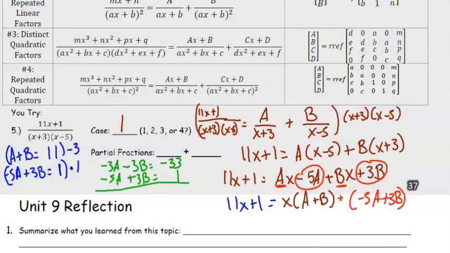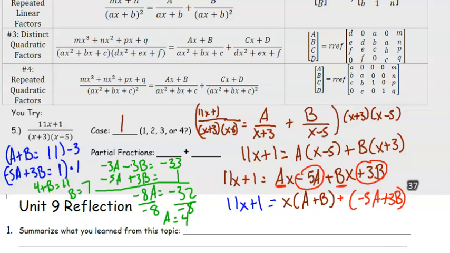Combine the two equations together to get negative 8a equals negative 32. Divide each side by negative 8. You get a equals 4. If 4 plus b equals 11, b must equal 7.